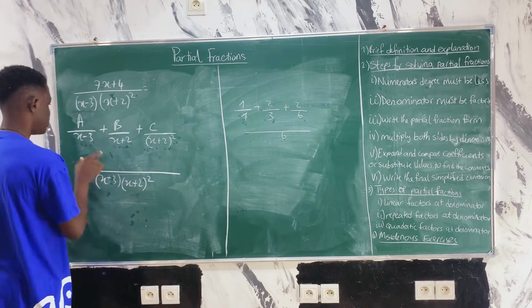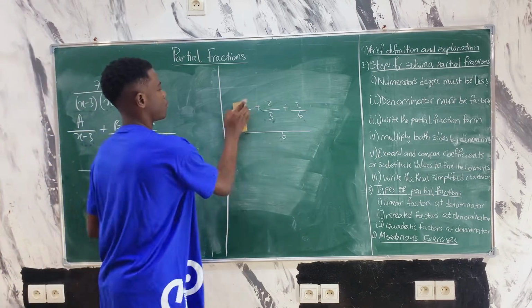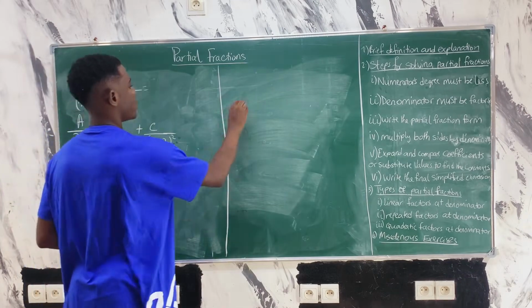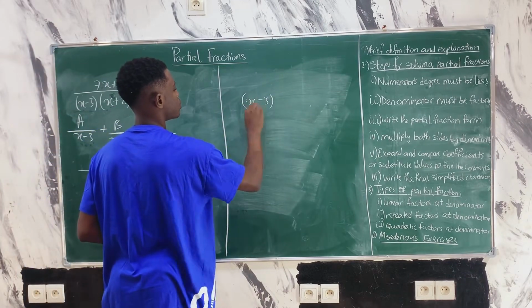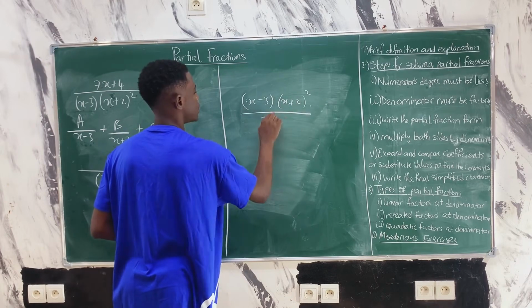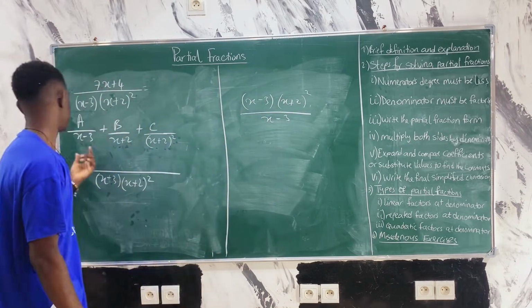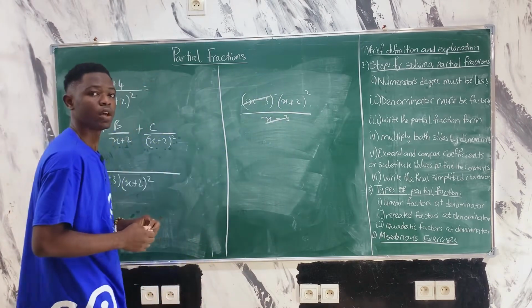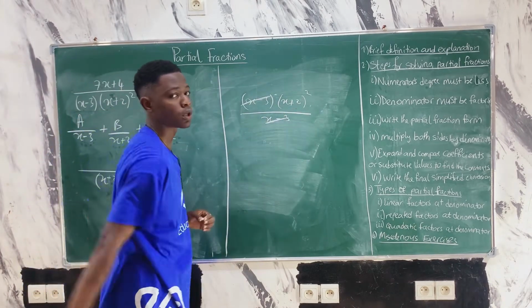So when we divide the LCM by each denominator: x minus 3 into x plus 2 all squared divided by x minus 3, the x minus 3 will cancel and I'll be left with x plus 2 all squared.